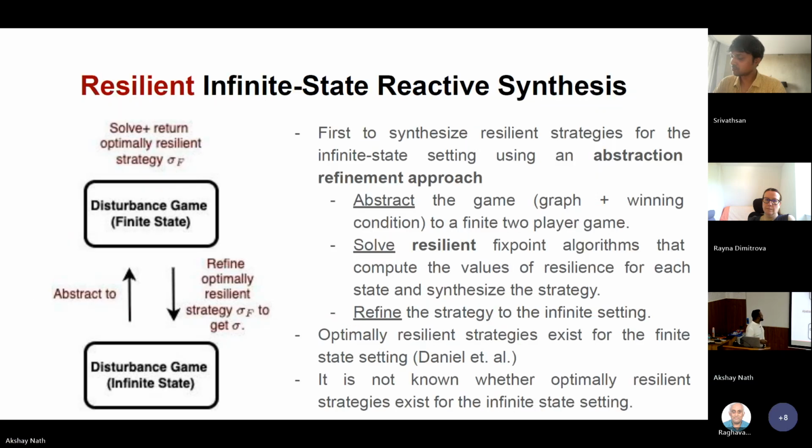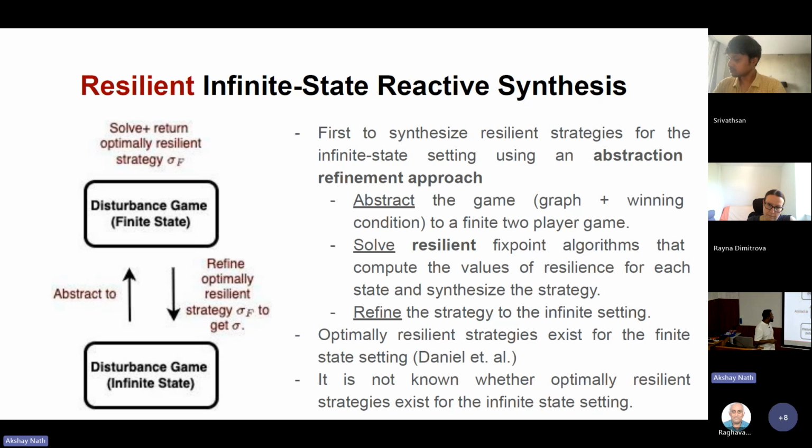The overall idea of this work is that we're the first to synthesize resilience strategies for the infinite state setting. Resilience strategy synthesis for the finite state setting already existed. And we compute resilience strategies for the infinite state setting using an abstraction and refinement approach.